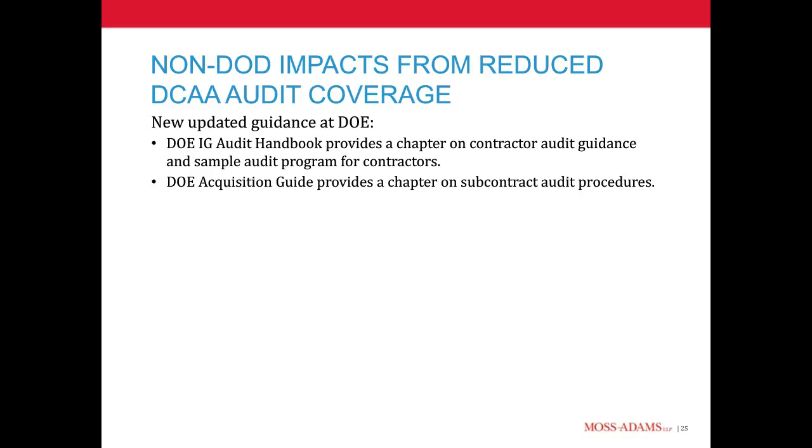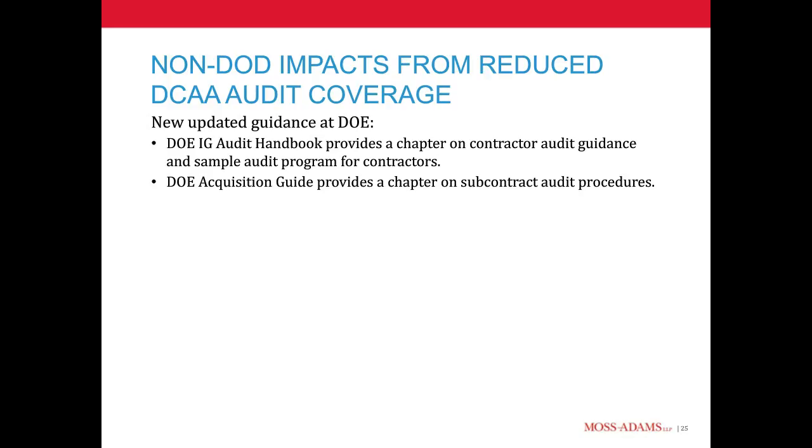So this could be used by the internal audit as a way to structure their department or the audit in a way that will comply with the Department of Energy standards, as well as supply additional guidance to an external auditor. They also, through their acquisition guide, created a chapter on subcontract audit procedures. So that way, Department of Energy would be consistent throughout the whole agency on how they handled subcontract audits.